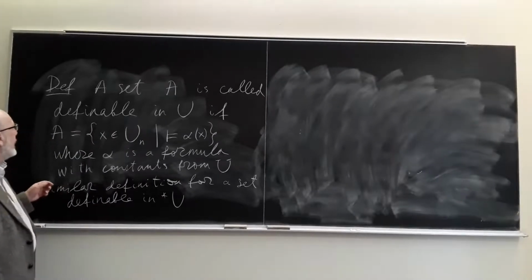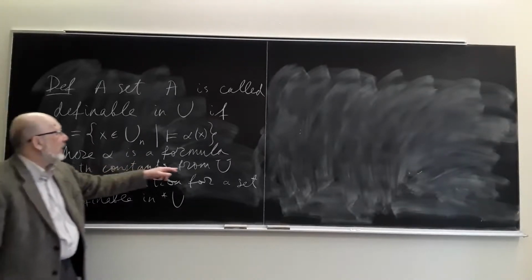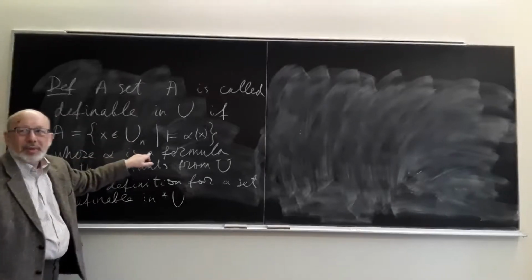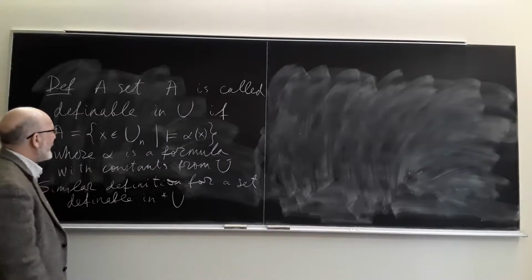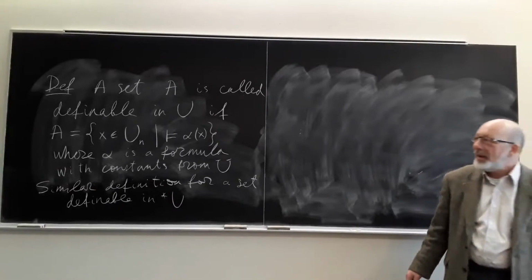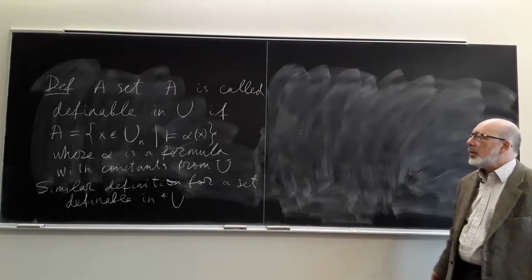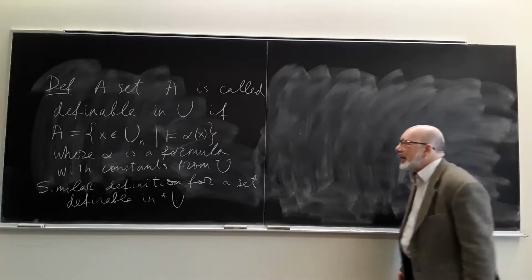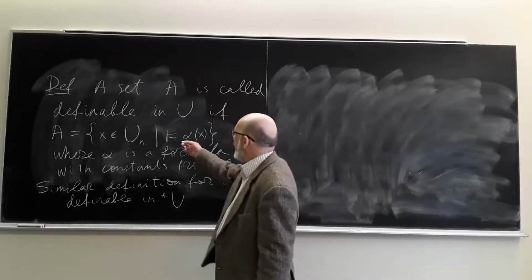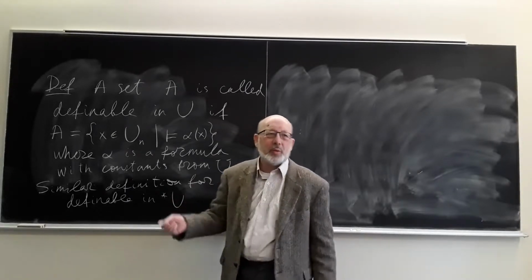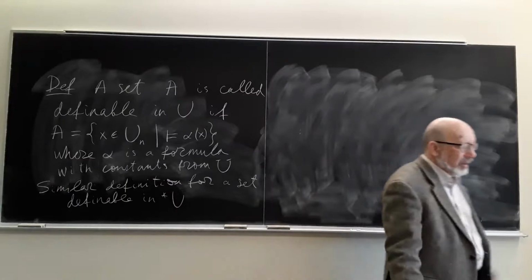Now here we have to take constants from star U, and it is not in U_n but in star U_n. So this is a definable set. No, in fact, it is not so informative, because this formula can be alpha of x is x is an element of some given set. So again, we return to all sets of our universe.